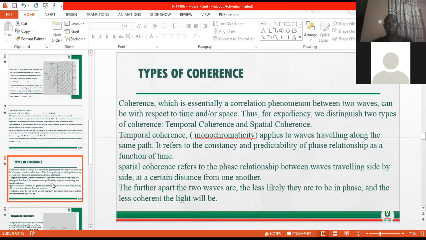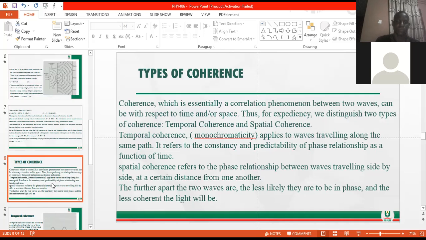Now, I said coherence, which is essentially a correlation phenomenon between two waves, can be with respect to time and space. Thus, for expediency, we distinguish between two types of coherence: temporal coherence and spatial coherence. Temporal coherence, also called longitudinal coherence or monochromaticity, applies to waves traveling along the same path.